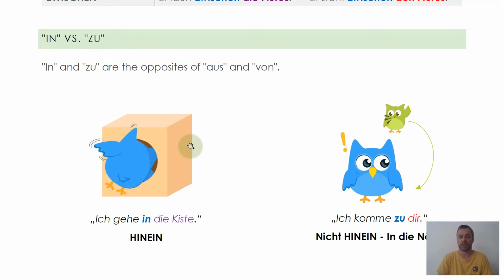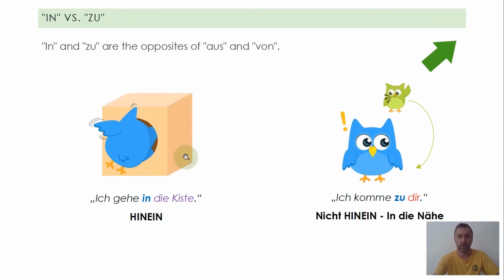So if you haven't checked my video about the difference of aus and von, I will link that for you in the info cards, because here it's just the opposite. If we are focusing on entering something physically, we use in. Ich gehe in die Kiste hinein. So we enter something physically. I go into the box. Ich komme zu dir. I come to you.